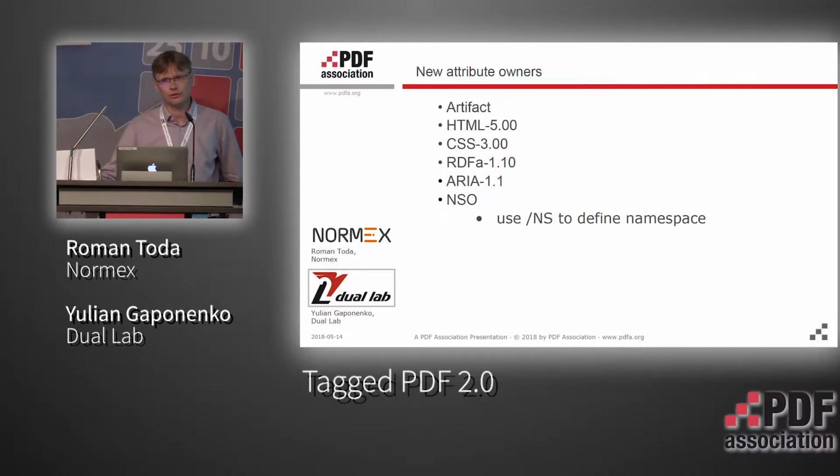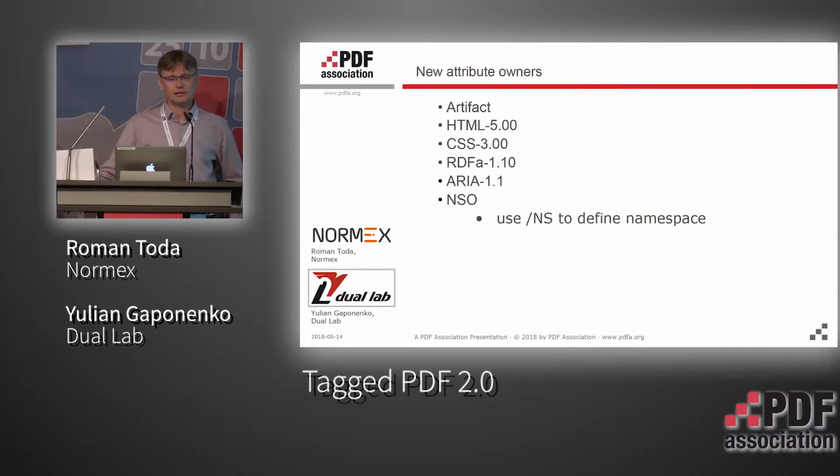Like in layout, we do have new text position, so you can identify what is subscript or superscript. That was not here before, but we are also introducing new attribute owners, new groups of attributes, and of course artifacts needs to be there because we're tagging artifacts, and we need to carry the information what type of artifact it is, if it's a header, footer, page number, line number, and so on.